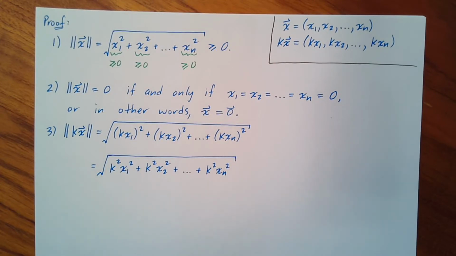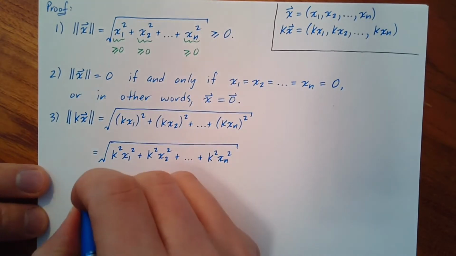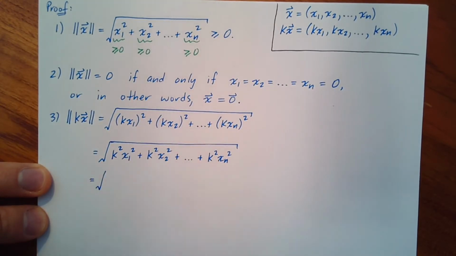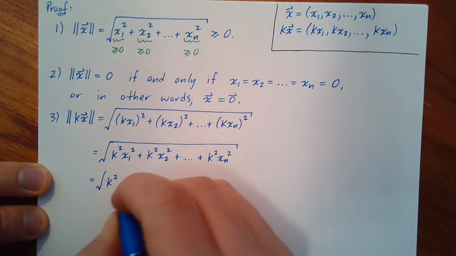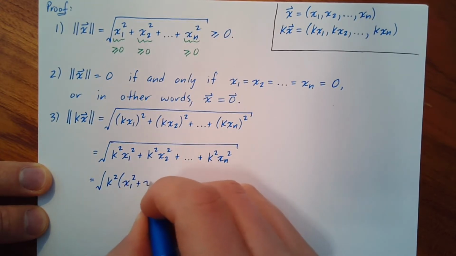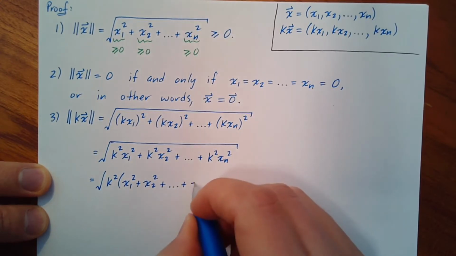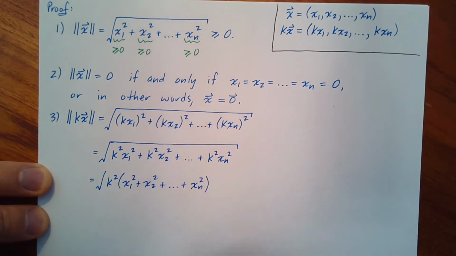And then now you have n terms, right? 1, 2, all the way up to n is the last one. There's n terms, and they all have a common factor of k squared. So you can factor out the k squared, and that's how this ends up finishing off. So it's the square root of k squared times, well, x1 squared plus x2 squared all the way up to xn squared.